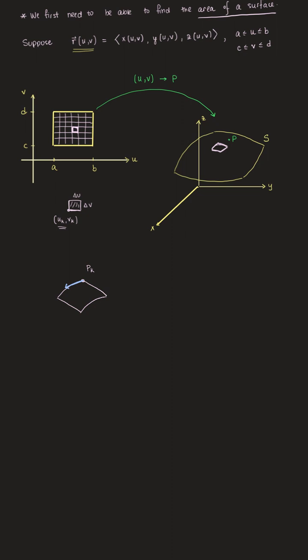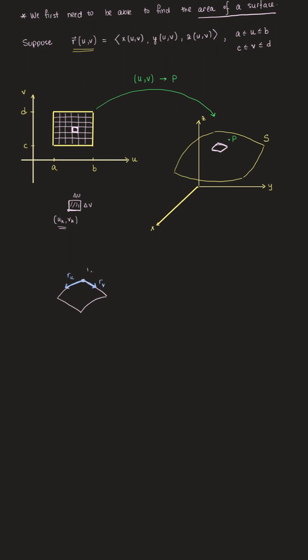Let's suppose that I fix V and I look at how my surface is changing with respect to U. Well, that would be the partial derivative of my vector function with respect to U at that point. And if I fix U and look at the little tangent vector along this side where V varies, that little tangent vector would be the partial of our vector function with respect to V at the point UkVk.